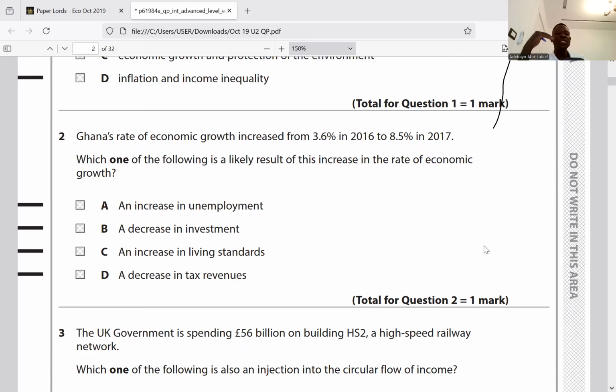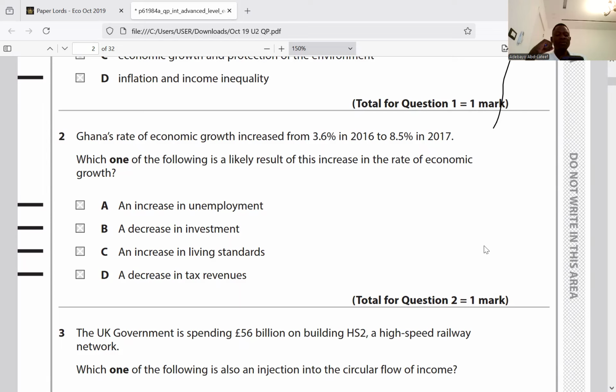So tell me, why will an increase in unemployment not lead to growth? It means when there's higher unemployment, the economy is lacking productivity. There's less output per worker in the economy, which is usually related to recession rather than growth.